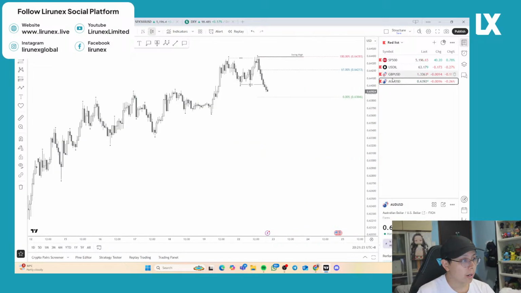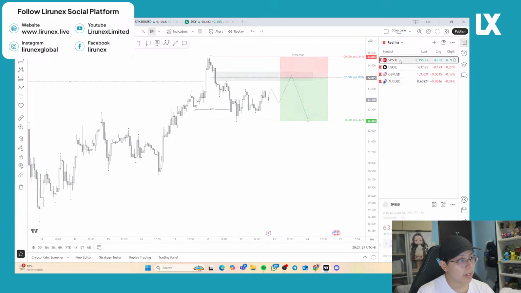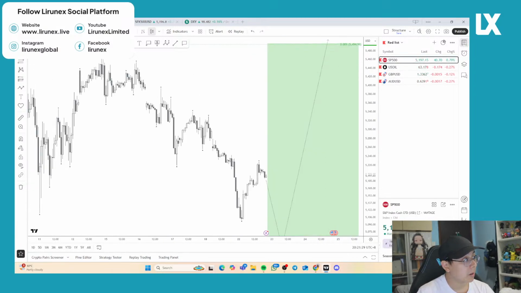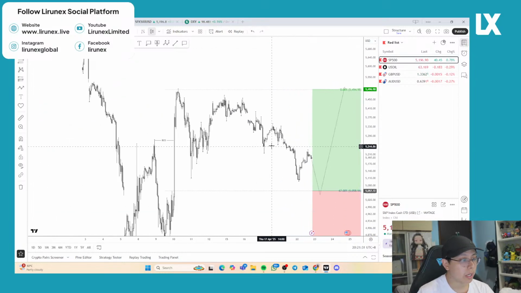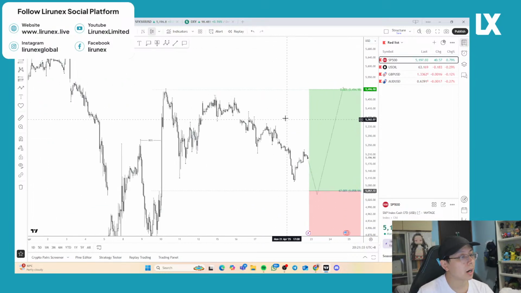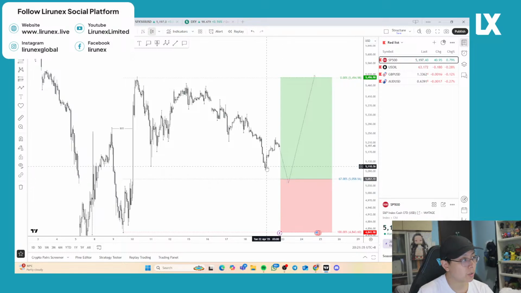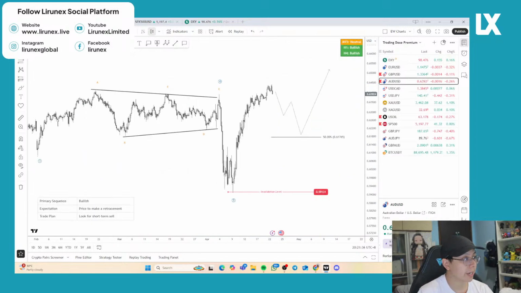These are the two that are still developing. The crude oil and the S&P are more or less ready, which means you can place your pending orders. If price tags into our entry, then that would be a valid trade that we can join in.